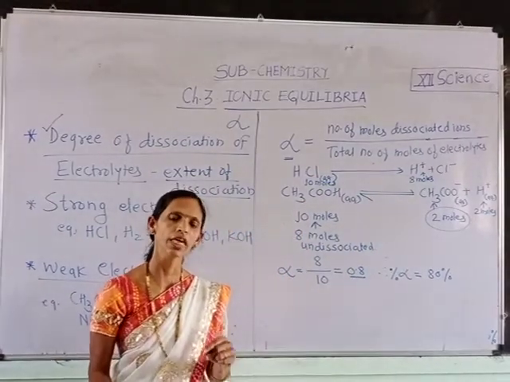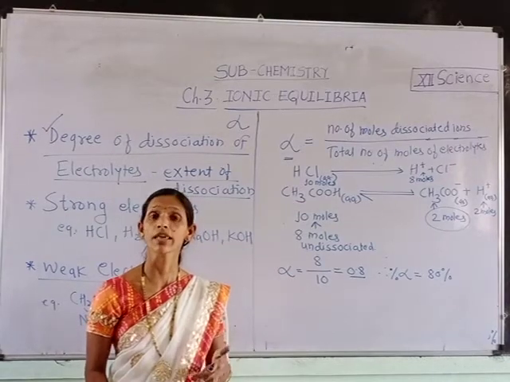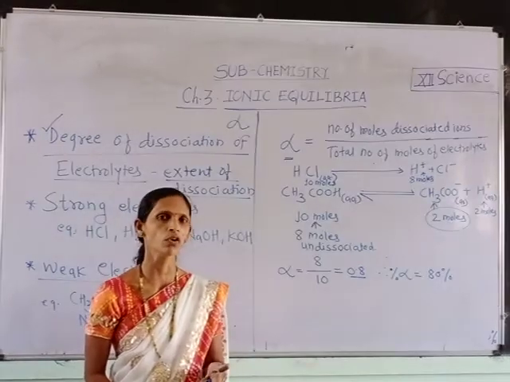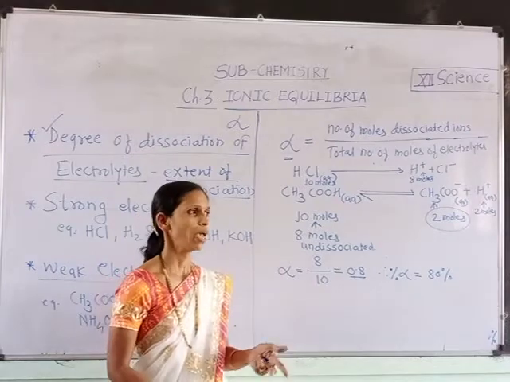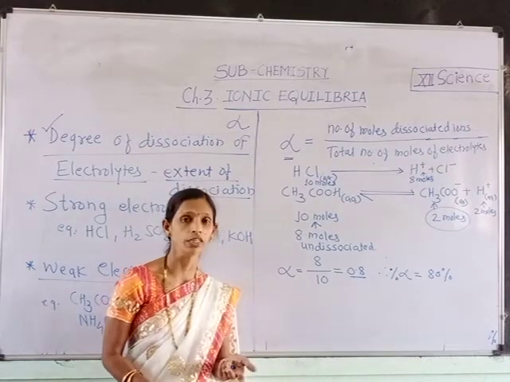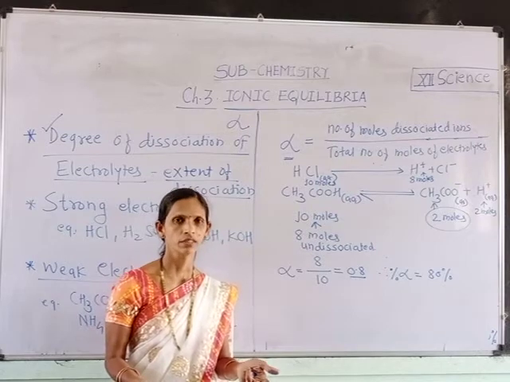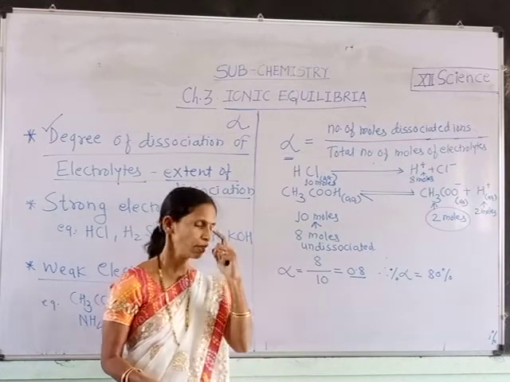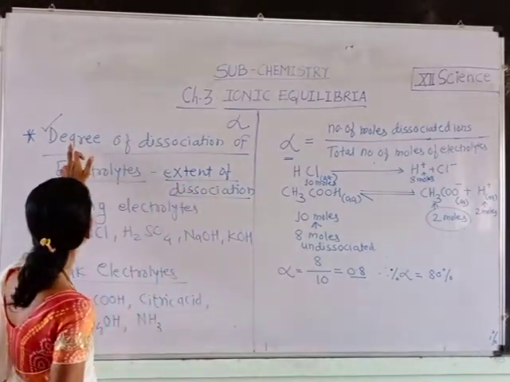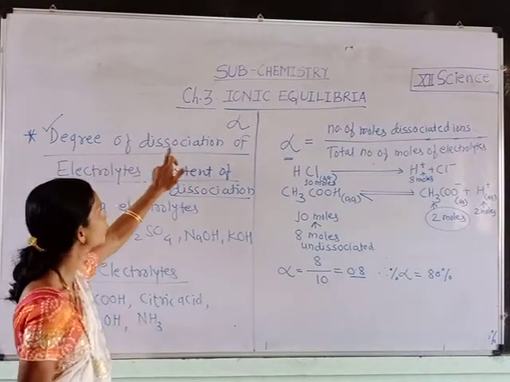That means we can determine the strength, or extent of dissociation, as well as the type of electrolyte, whether it is a strong electrolyte or a weak electrolyte, by using this term, degree of dissociation.